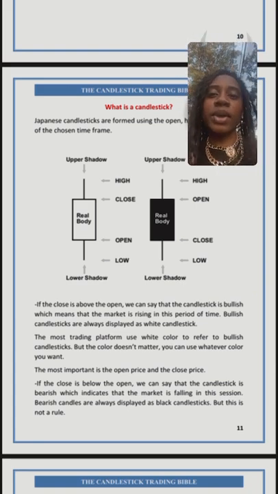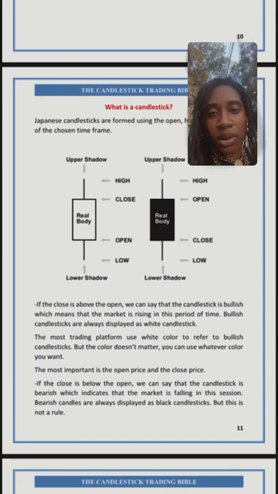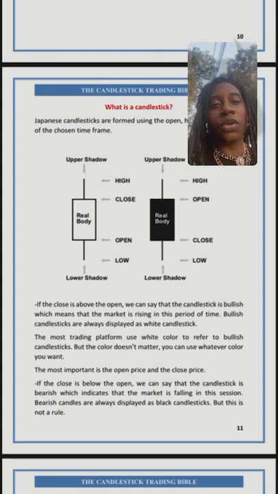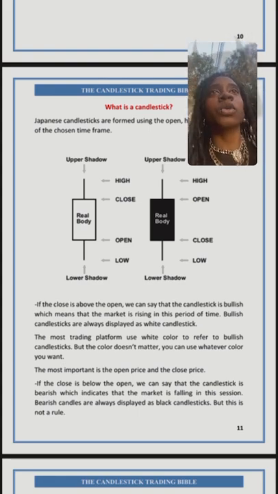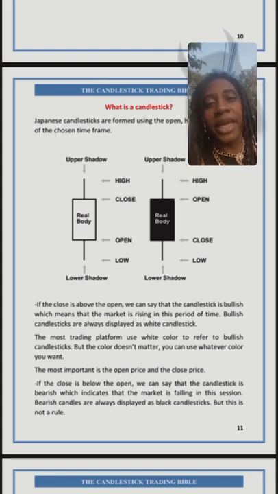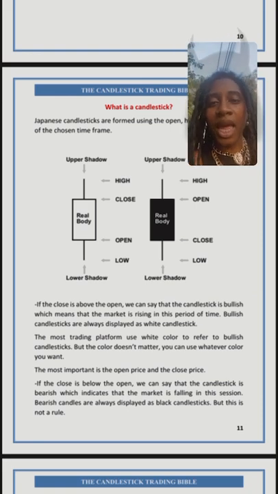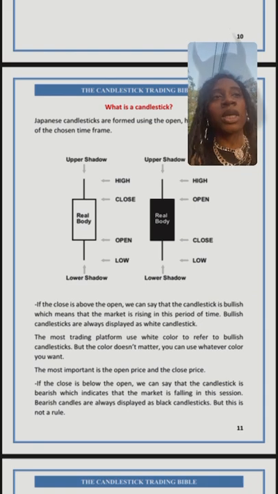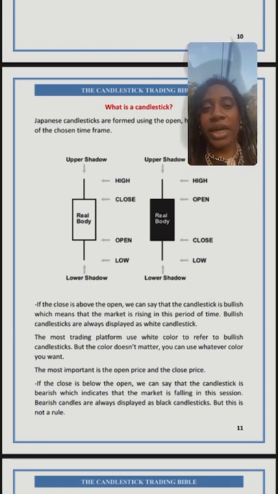And at the top of the body is where it closed. And so you'll have the price jump up and down. The lowest point marks where the lowest price was during that time frame, and the upper part shows where the price was the highest that the price went, right?